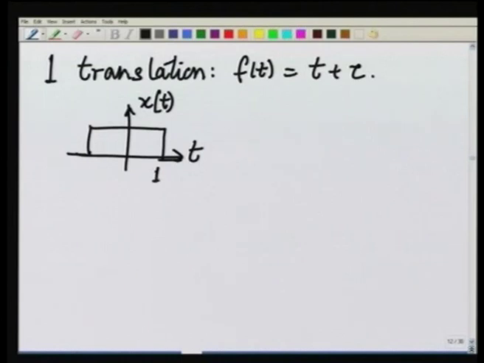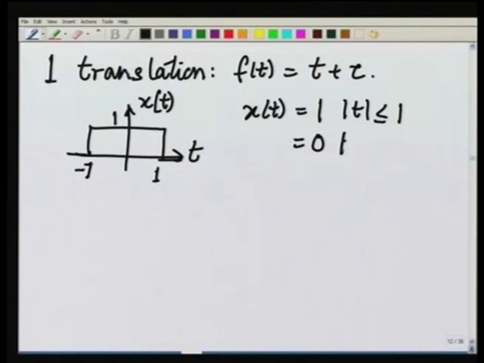Let us say that this is plus 1, this is minus 1, and for simplicity its value is 1 throughout, from minus 1 to 1. Outside of minus 1 to 1, x of t is 0. So, we would put down the value of x of t for different times as follows: x of t equals 1 for mod t less than or equal to 1, and equals 0 for mod t greater than 1. This is our x of t.